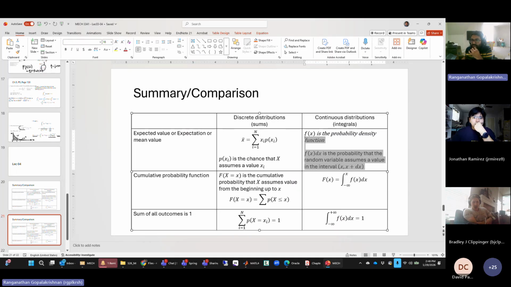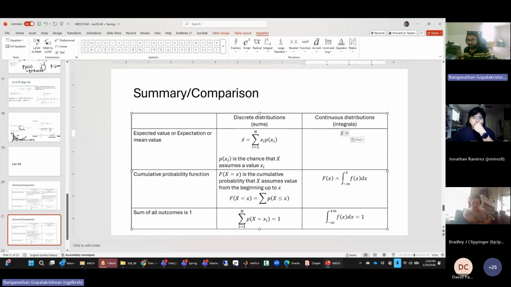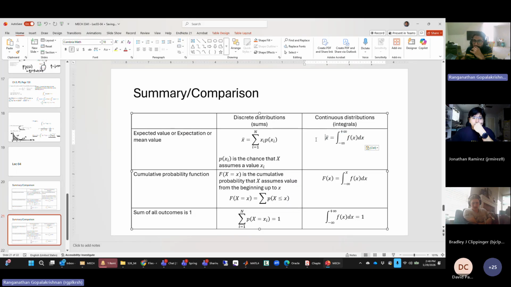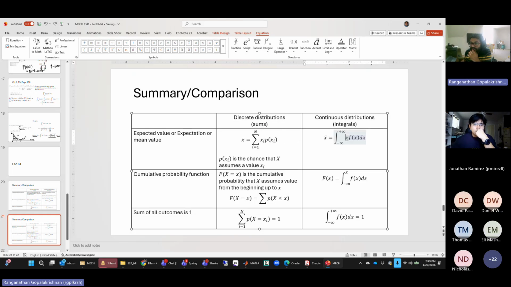Can you make the stretch and tell me what is the expected value or expectation for a continuous distribution? What else should I add to this formula? A dx. Yeah, dx. I need to multiply the distribution function with the random variable. So expected value of x is x multiplied by the chance that x will occur. Here it is x multiplied by the chance that x will occur, which is f of x dx.